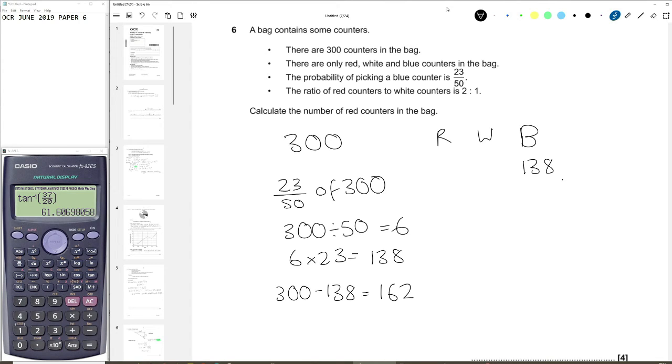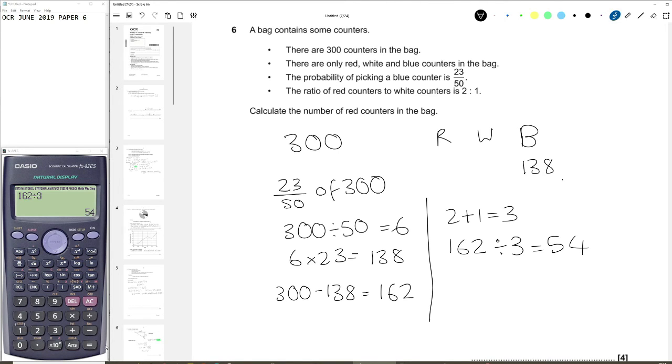Now it says the ratio of red counters to white counters is 2 to 1. So I need to share my ratio between 3 parts altogether, because 2 plus 1 equals 3. So I'll do 162 divided by 3. That is 54.